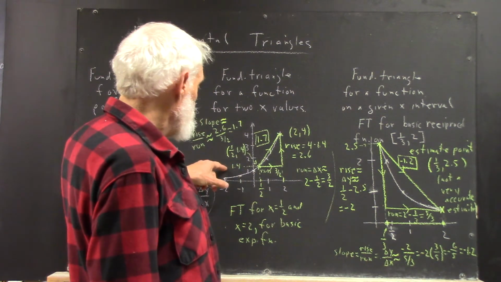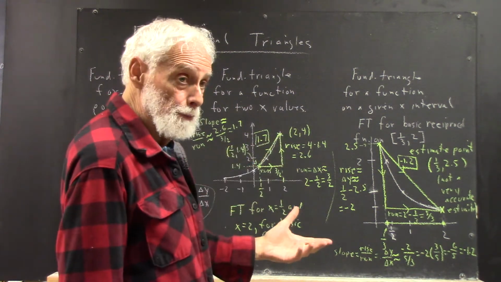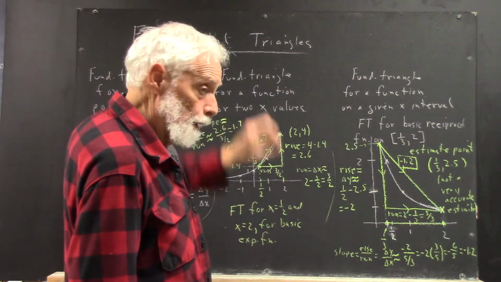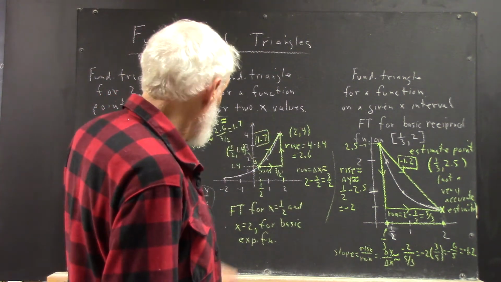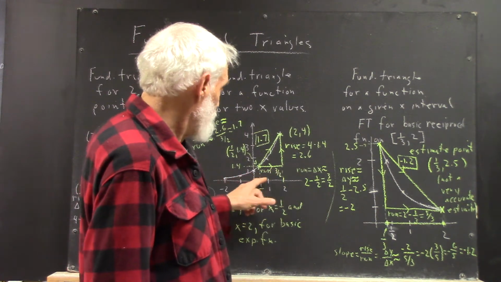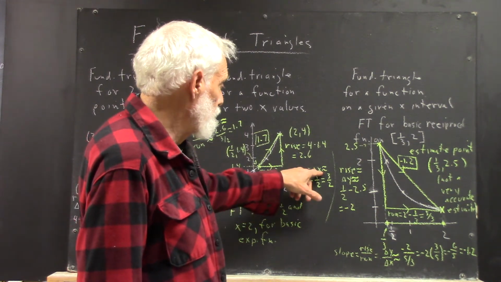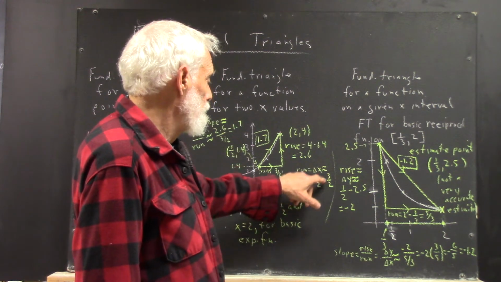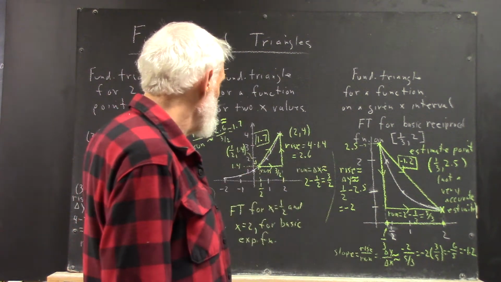Now that I've got the coordinates of the two points, I draw the triangle, put the arrows in the triangle, and do the calculations. The run is delta x, and that's approximately 2 minus 1/2, which is 3/2. Why is that approximate?